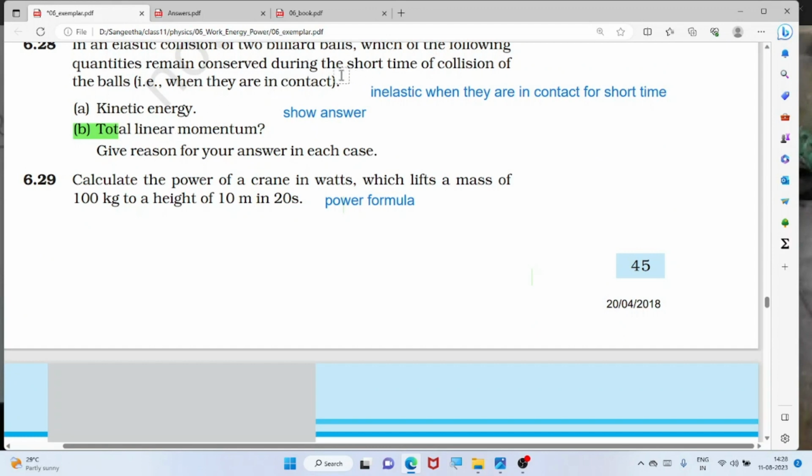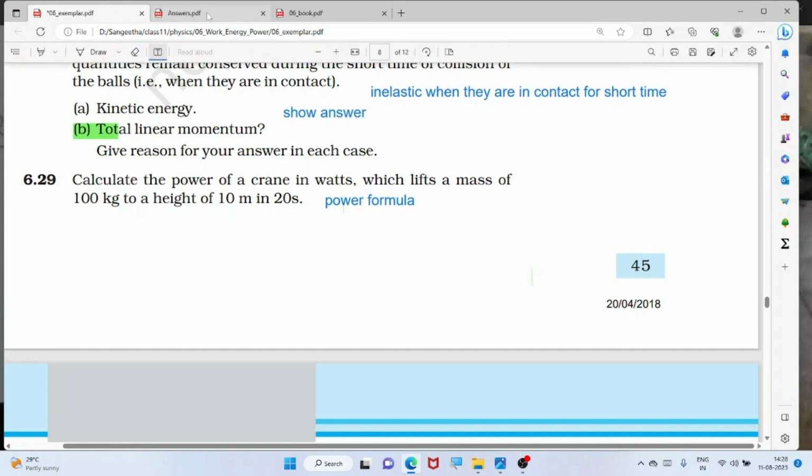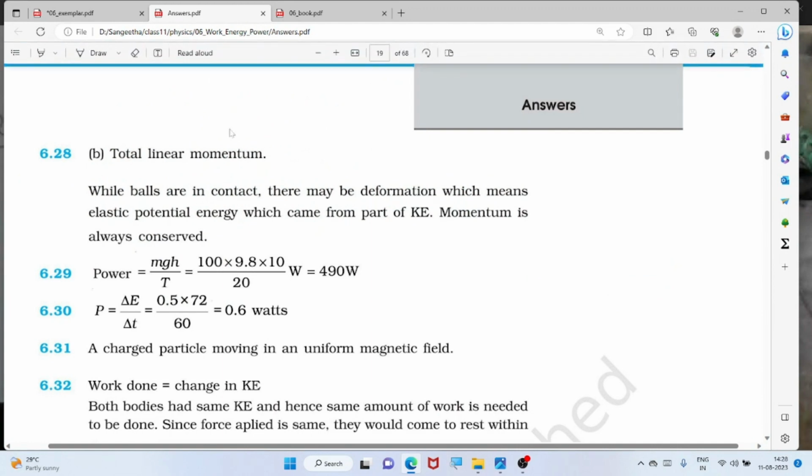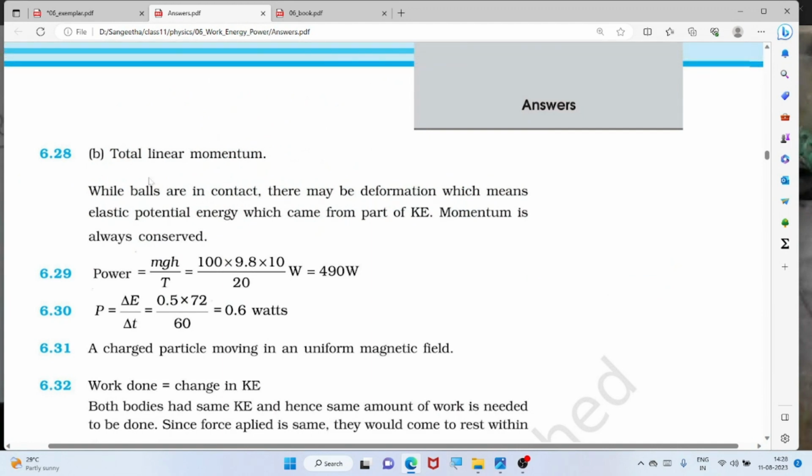When the balls are in contact, they are in deformation, which means the elastic potential energy comes from part of the kinetic energy, so momentum is conserved.